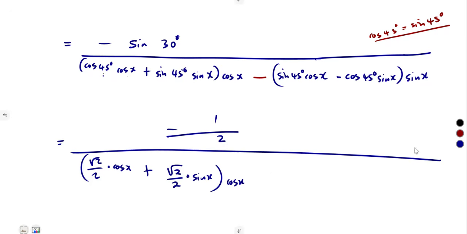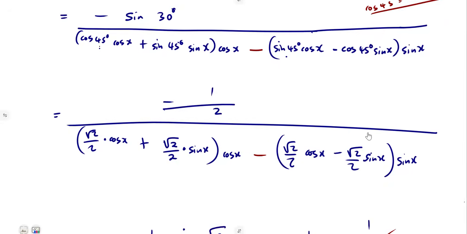So we have simplified it, minus the sine of 45 is the same as the cos of 45, square root of 2 over 2 times cos x minus cos of 45, square root of 2 over 2 times what? The sine of what? x. Then we multiply by the sine of x outside, this one. All right? So this is it.